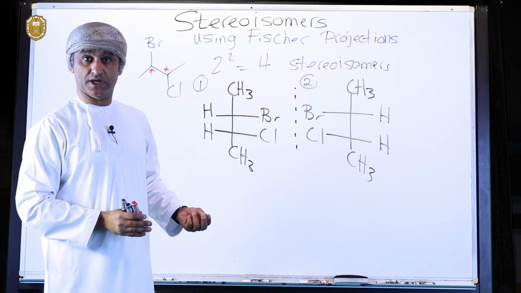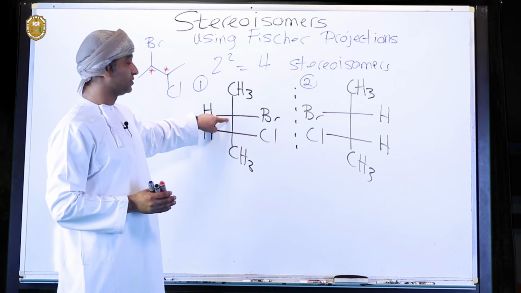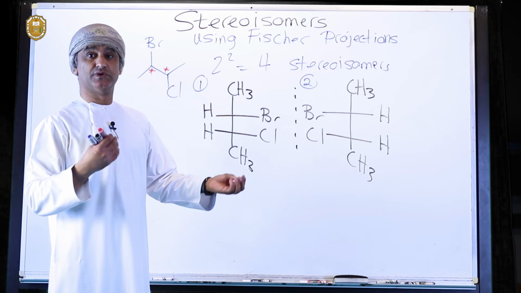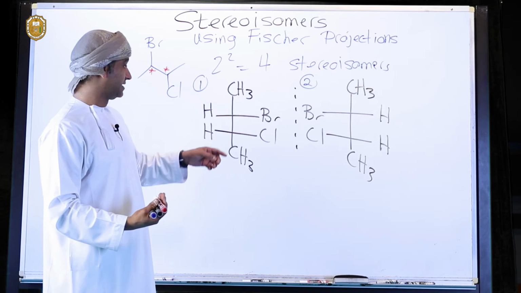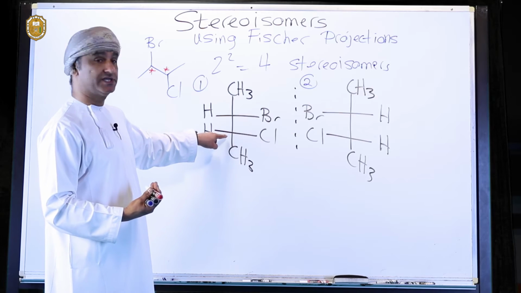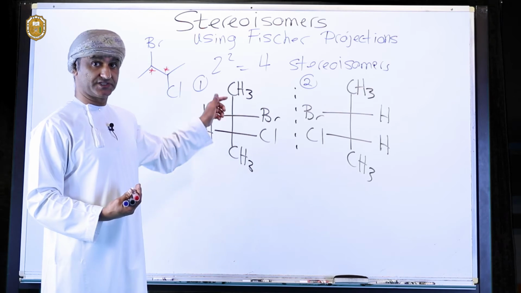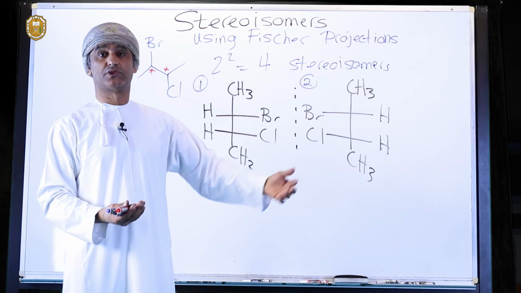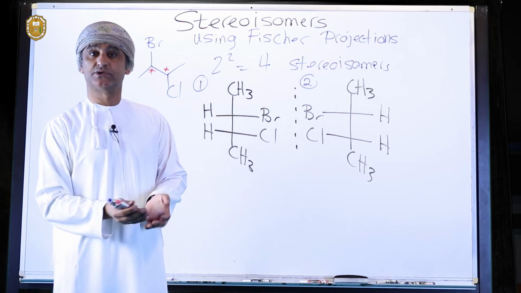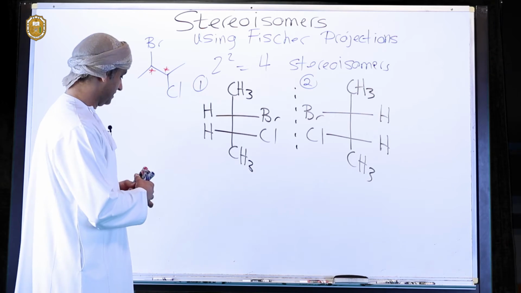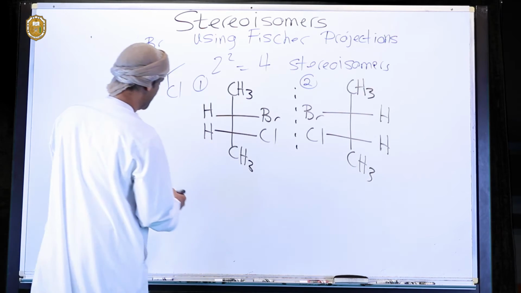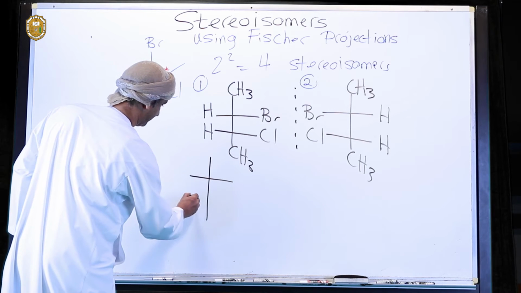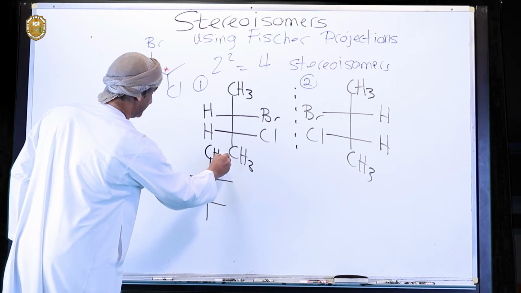To get the third one, we keep one of these stereocenters fixed, or we keep the absolute configuration fixed, but then we reverse the other one. We can keep this fixed and reverse that one, or keep that fixed and reverse the other one. It doesn't really matter, because to get the fourth one we will draw its mirror image. So the third one would be this one.